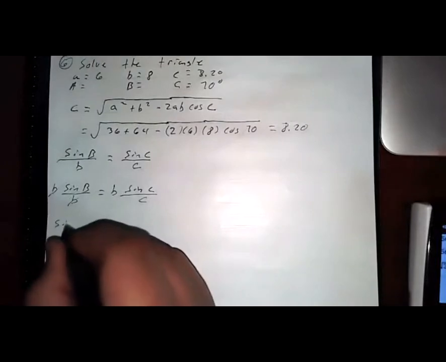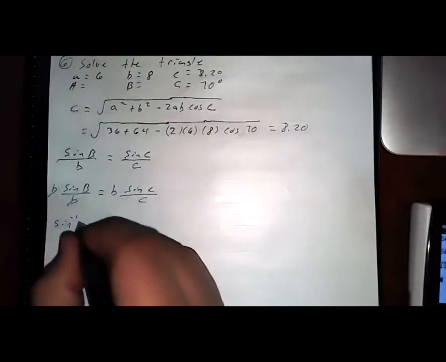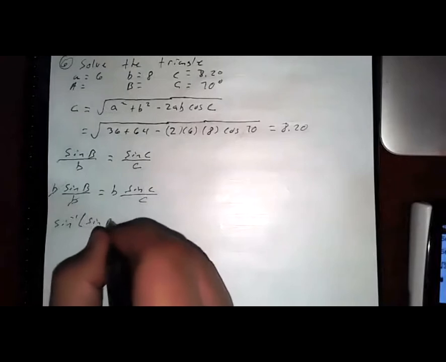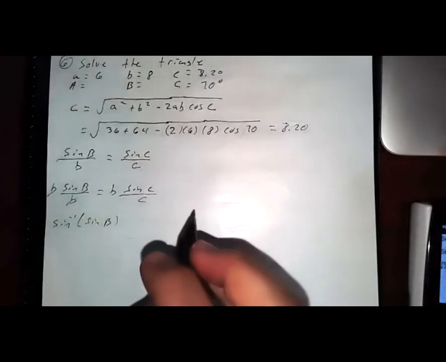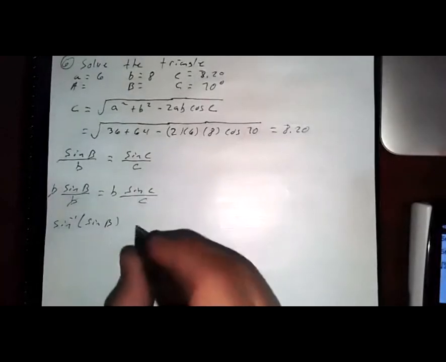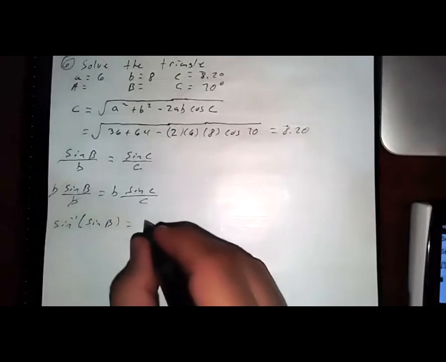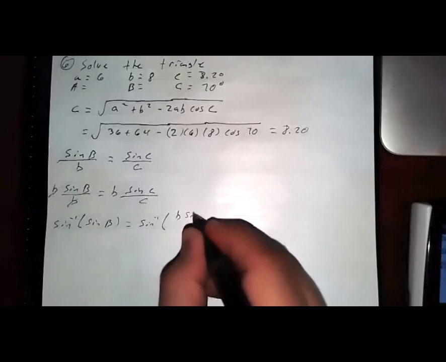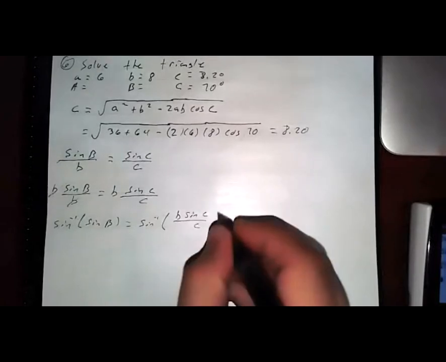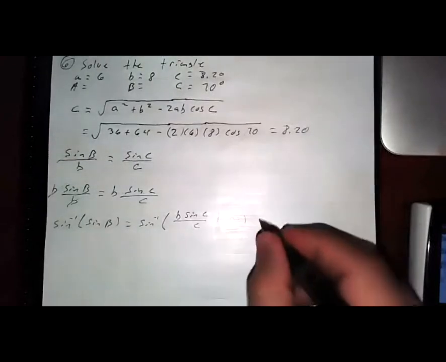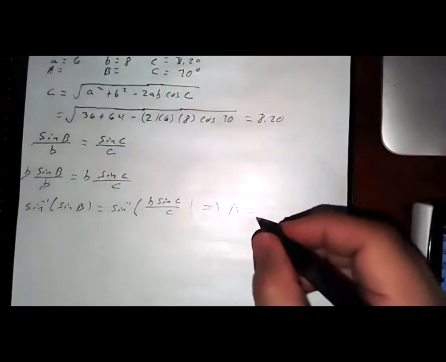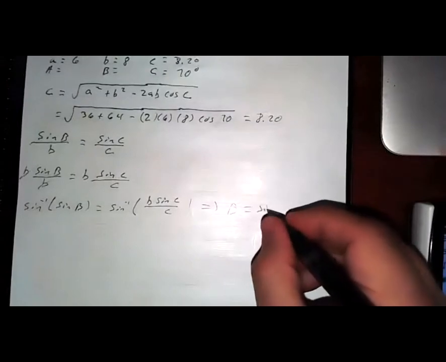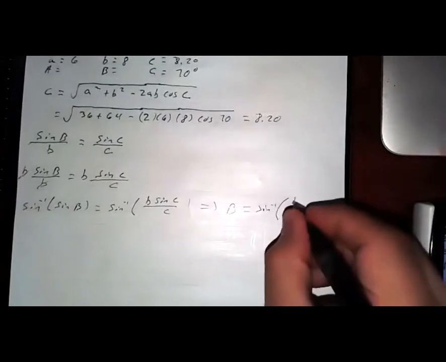Now you do sine inverse of both sides to cancel the sine. So that means that B is equal to sine inverse of b sine C over c.